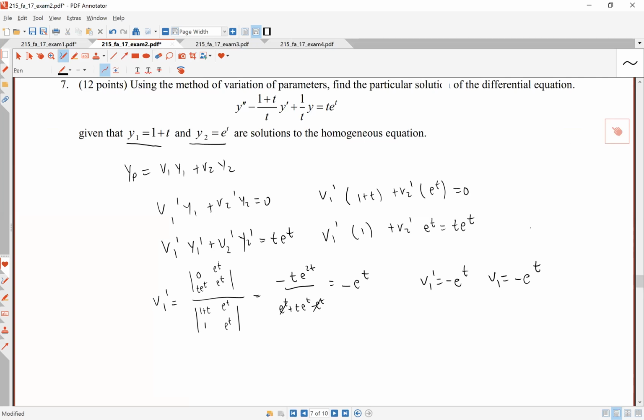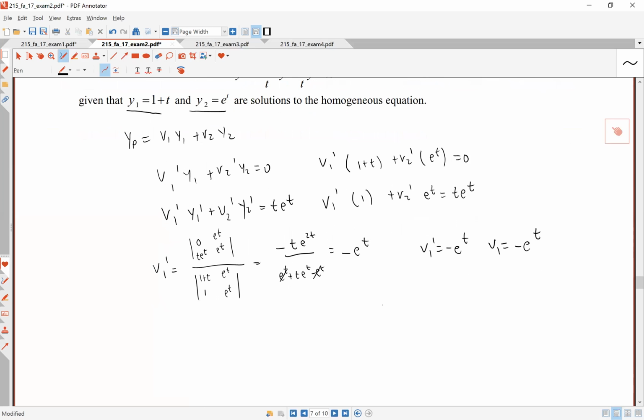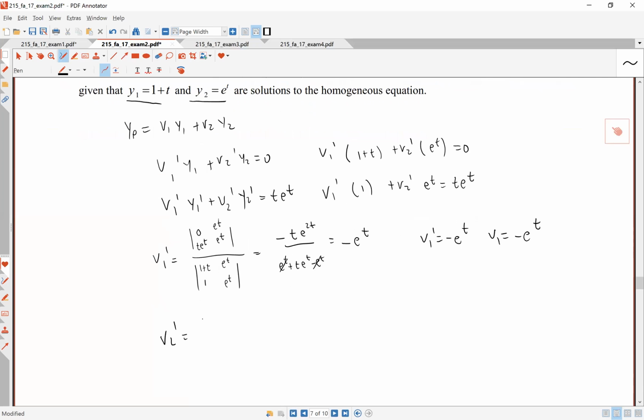We didn't put a constant of integration on those. There wasn't a need for those. And v2 prime then is 1 plus t, with this column replaced with 0 and t e to the t.